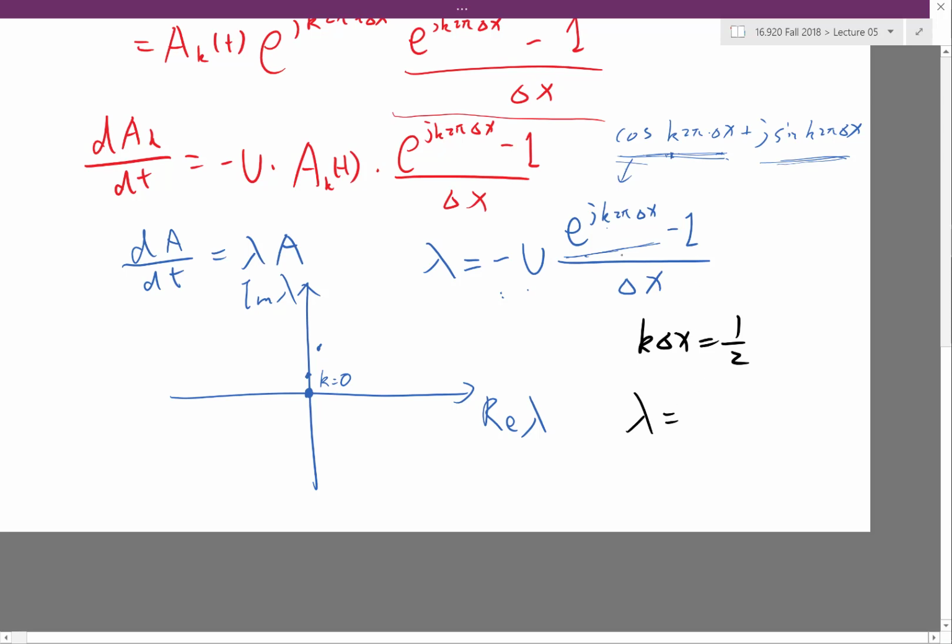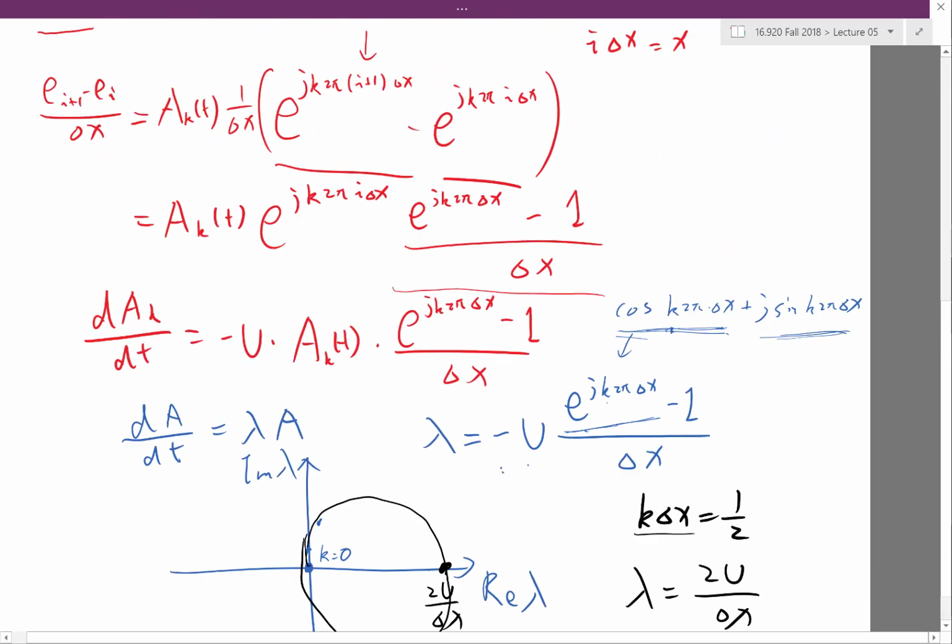We get minus 2 here, cancels, we get 2u over delta x. It's actually purely real, it's somewhere here. And if you calculate all these lambdas for different cases, you're going to see all of them lie in a circle over here. The most unstable one is 2u over delta x.